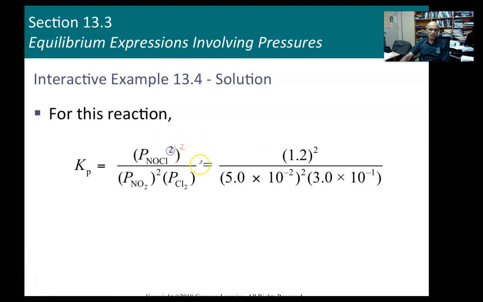And likewise, that's okay. So you get this. All right, let's evaluate this. And it comes to 1.9 times 10 to the power of 3. So that's the Kp value.